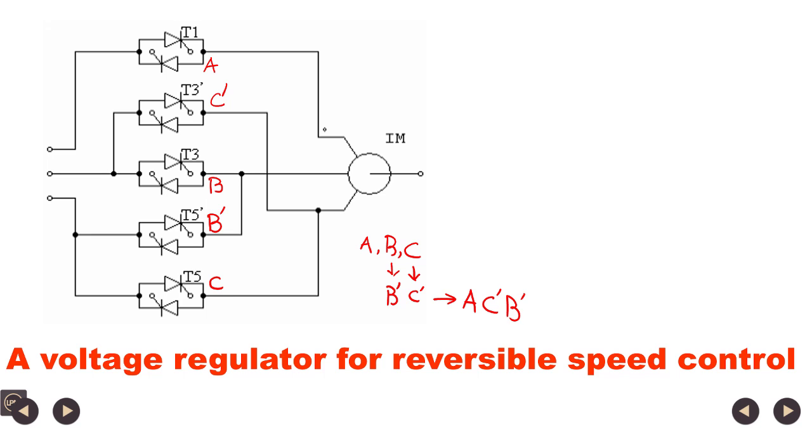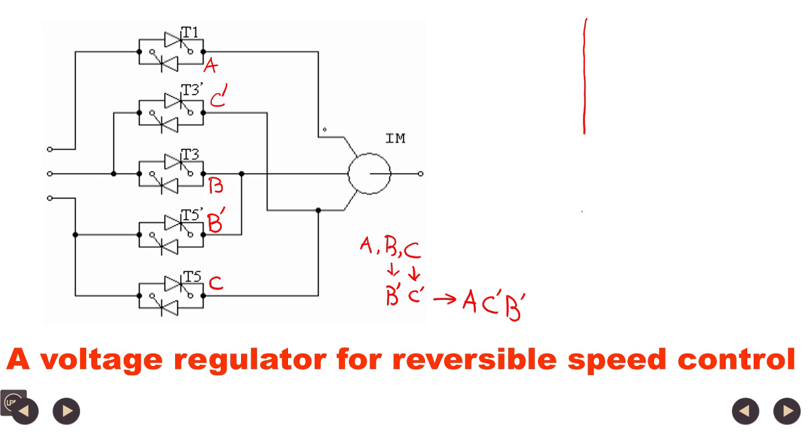Phase sequence of A, C dash, B dash is opposite to the phase sequence of A, B, C. So, here by changing from T3 T5 to T3 dash T5 dash and T2 T6 to T2 dash T6 dash, the phase sequence is reversed. So, motor speed reverses. So, this is a reversible voltage controller. So, phase sequence is changed electronically using the reversible voltage controller.